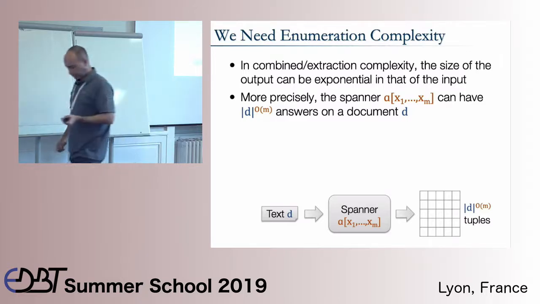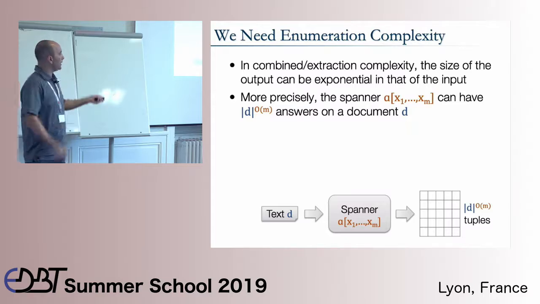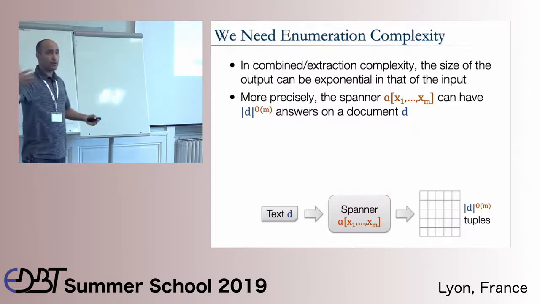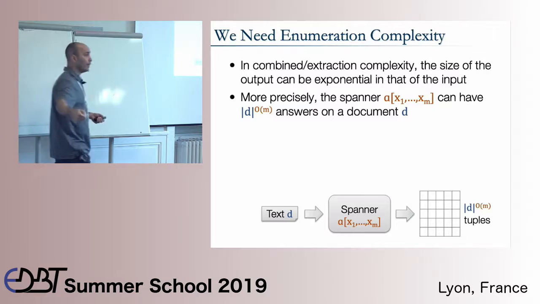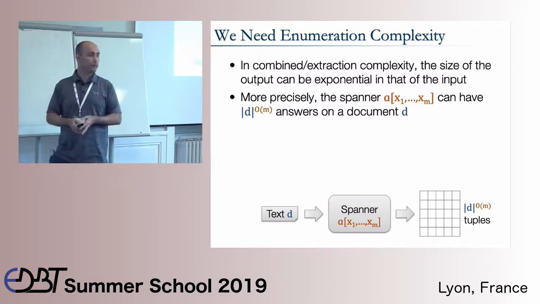Now, this is a problem in terms of complexity, because we cannot say that a spanner that is assigned the task of producing an exponential number of tuples is intractable, because it is required to produce a large output. Just writing down the output is something that takes more than polynomial time.